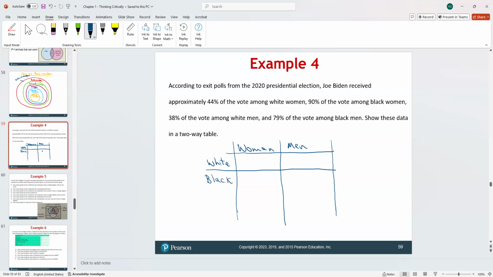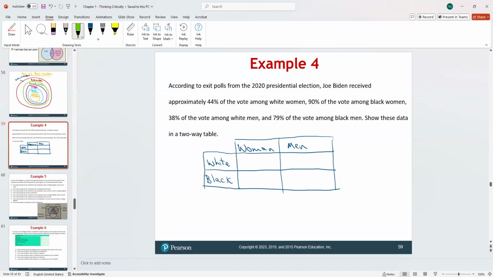They said a two-way table, so I don't know why I did that big one, but okay, this is my two-way table.